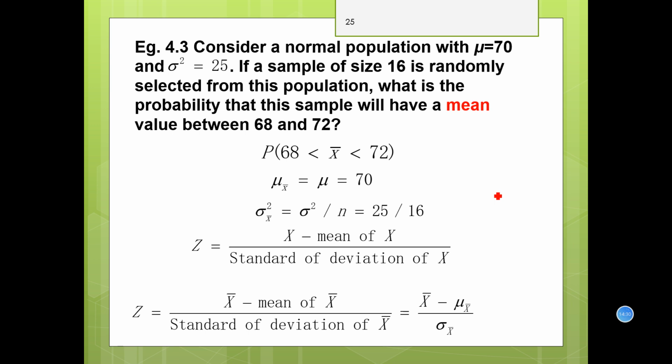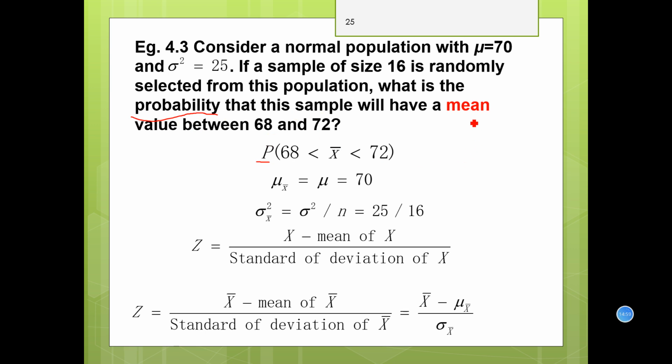What is the probability that this sample will have a mean value between 68 and 72? Okay, so here let's think about it. The question is the probability of the sample having a mean between two numbers.